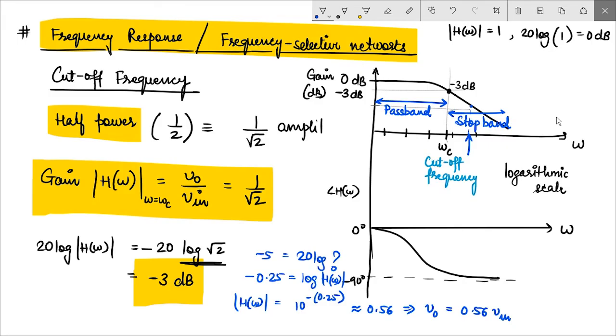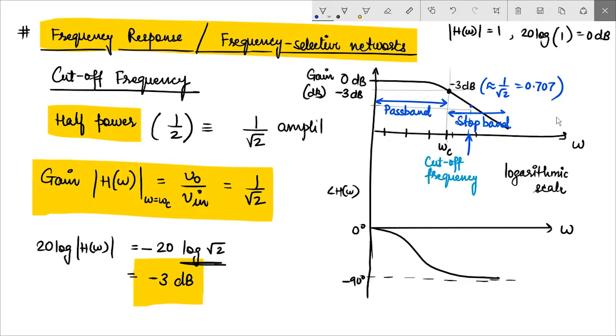Means just a little above half of the input, right? So the output magnitude is significantly attenuated. If the maximum gain was 1, we'll allow it to fall up to 70.7%, almost 71%, beyond which we will consider that the gain is too less and that is beyond the cutoff frequency.